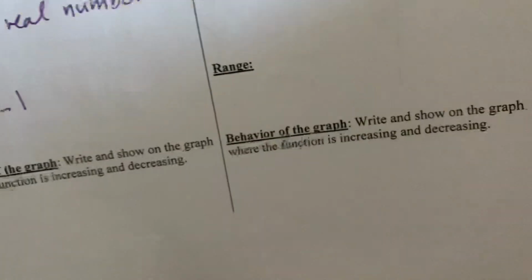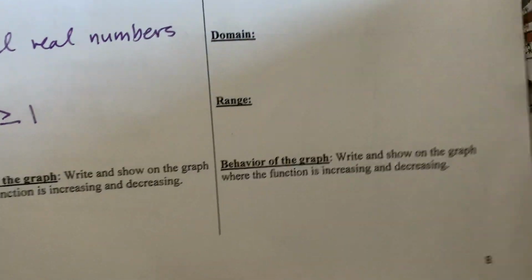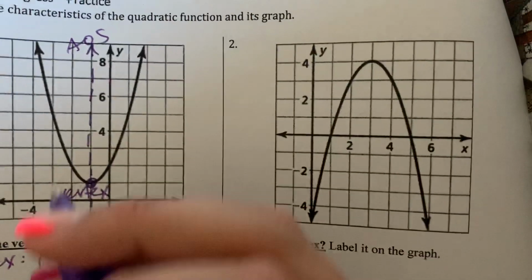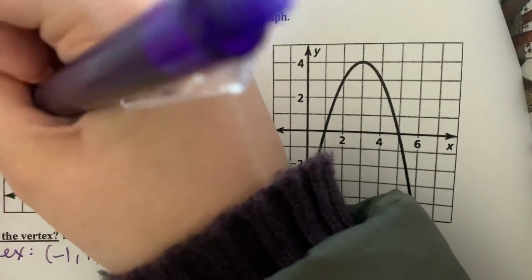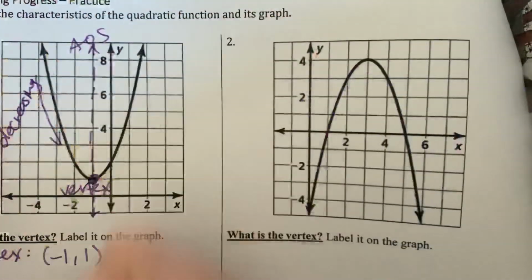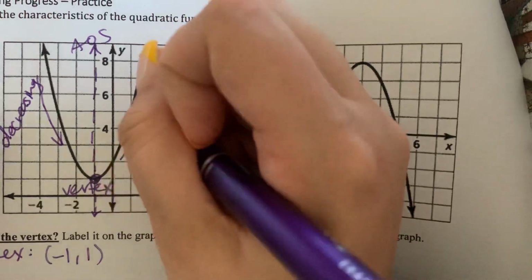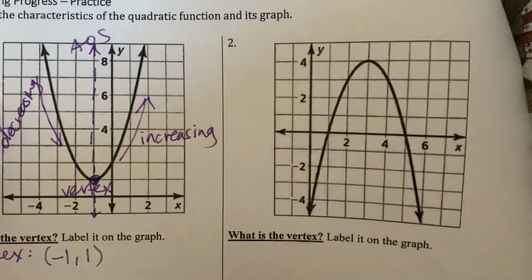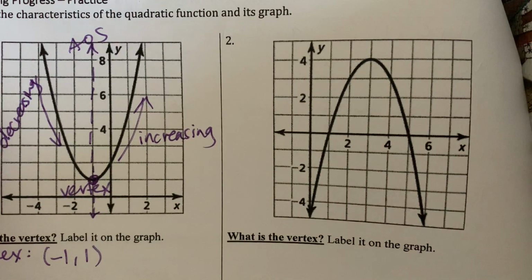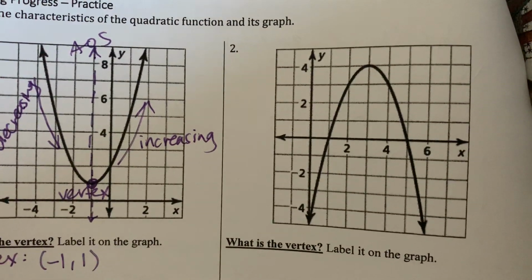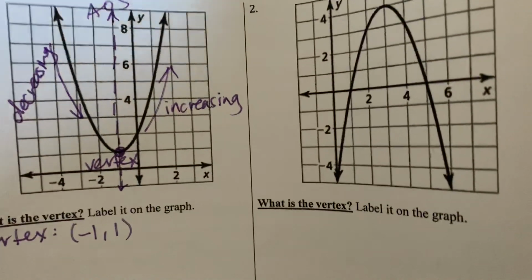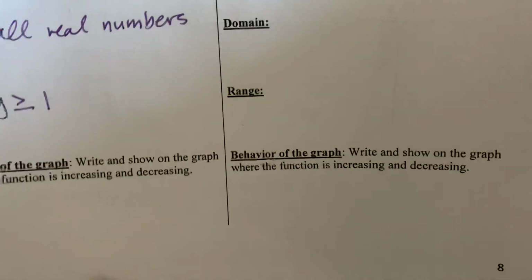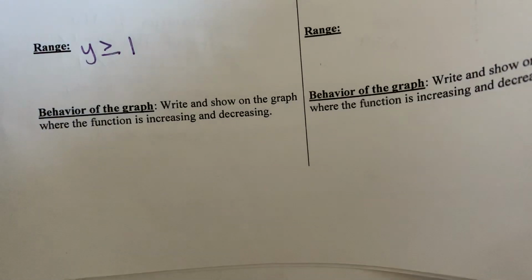Okay, and then behaviors show on the graph. So here, we're decreasing. If we're walking left to right, we're walking down. And here, we're increasing. Again, I would want you to label that, show me on the actual graph, as well as describe it in words.